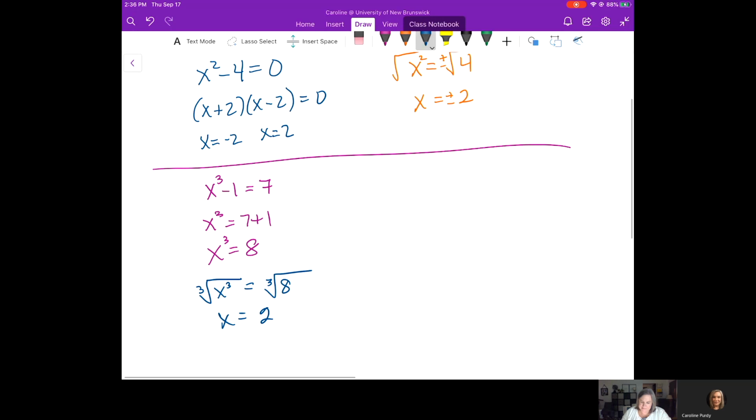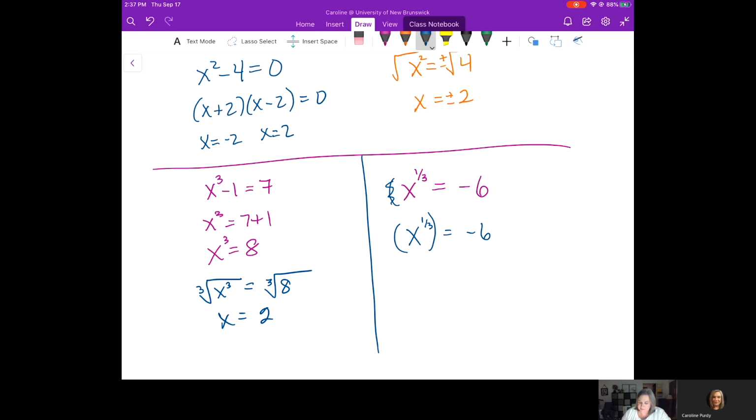So what if we had something like this? x to the 1/3 is equal to -6. Well, 1/3 is a cube root already. And what we can do to both sides, actually, let me write it on a new line.